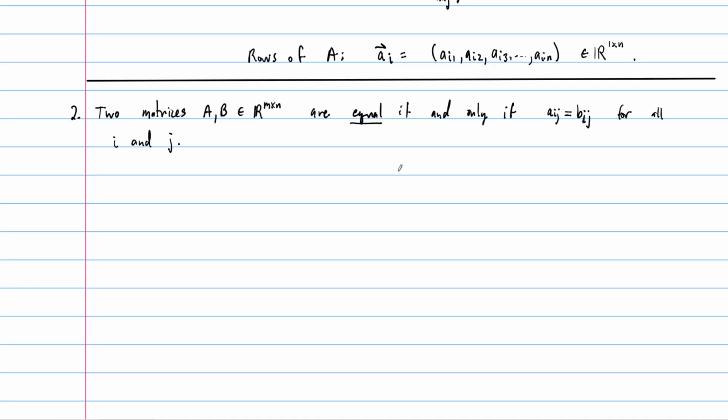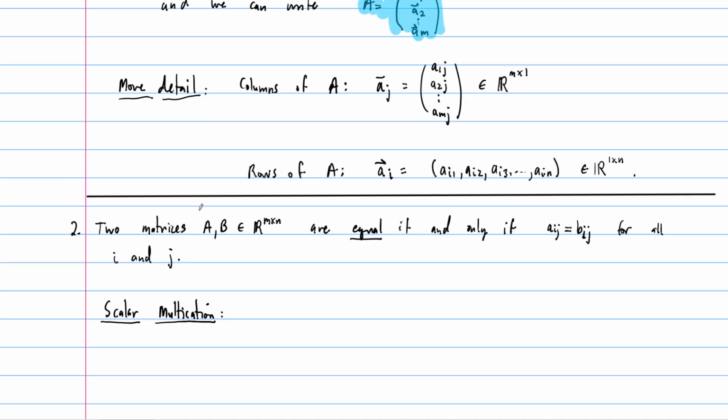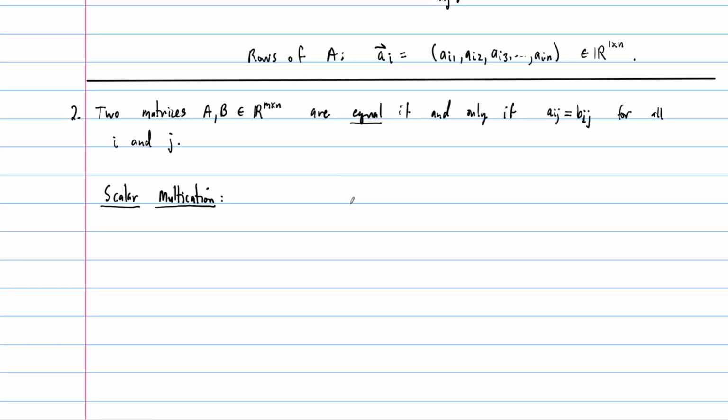Now, what we'd like to do then is define some operations on these. And again, we're using real numbers for the sake of this lecture, and we can expand this to complex numbers later. But the operations that we're going to want to use are going to be scalar multiplication. This shouldn't be a surprise, right? Scalar multiplication, and then what we're going to call matrix addition. But you'll see that these form a vector space, so it's going to be vector addition of matrices.